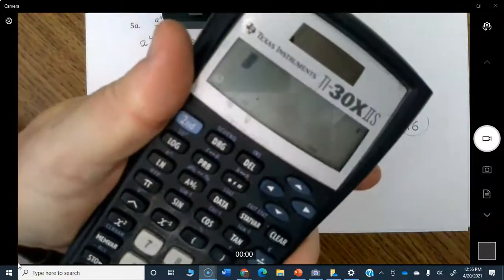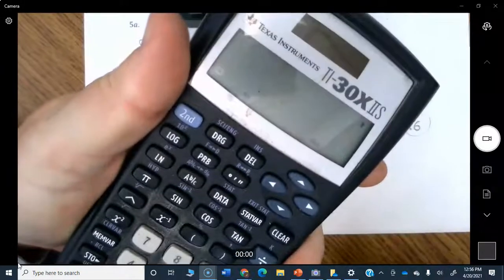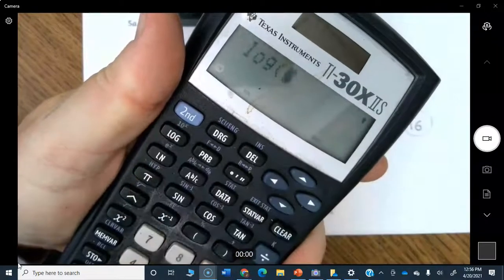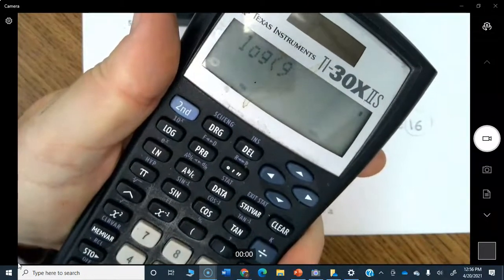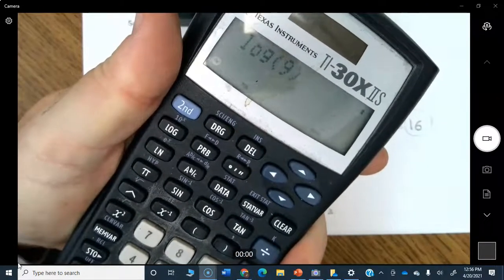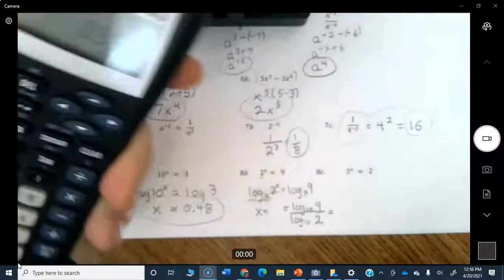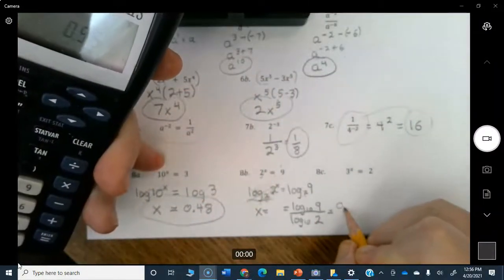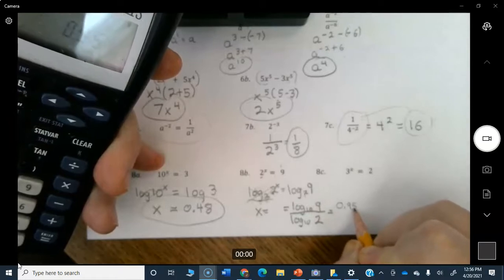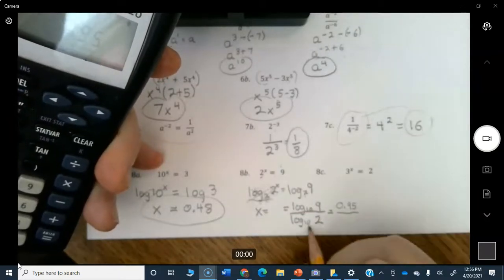So here I'll come here. Try to focus it here. So log of 9, close the parenthesis, that gives us 0.95, so I'm going to write that here, over log base 2.